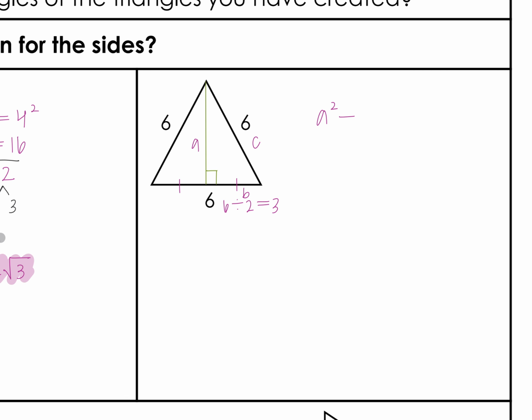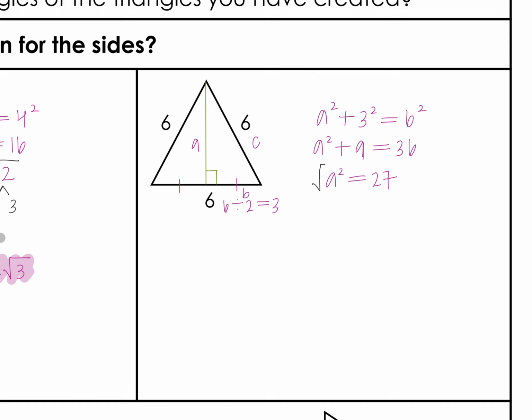So A squared plus 3 squared is equal to 6 squared. Then we're going to have A squared plus 9 is equal to 36. Okay, and then when I subtract that 9 over, I'm going to get my A squared is going to be equal to 27.